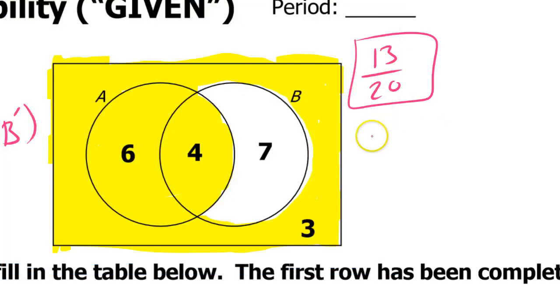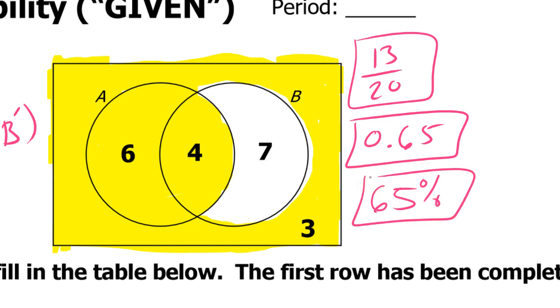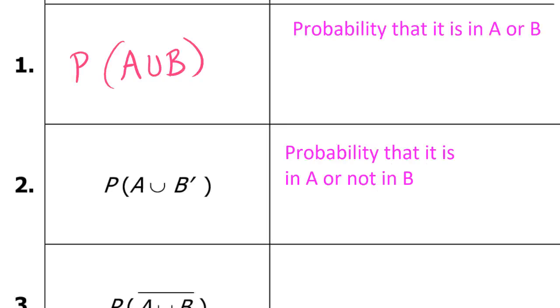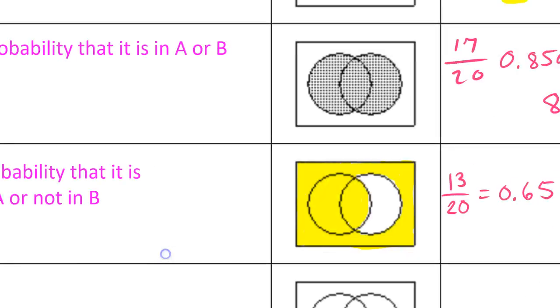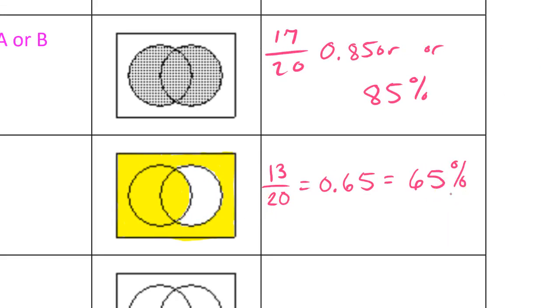So that's 0.65. Another form of the answer, moving the decimal point twice, would give us 65%. So just to review that answer, these symbols mean the probability that it is in A or not in B. And the shading looked like this. And these were the probabilities that we calculated.